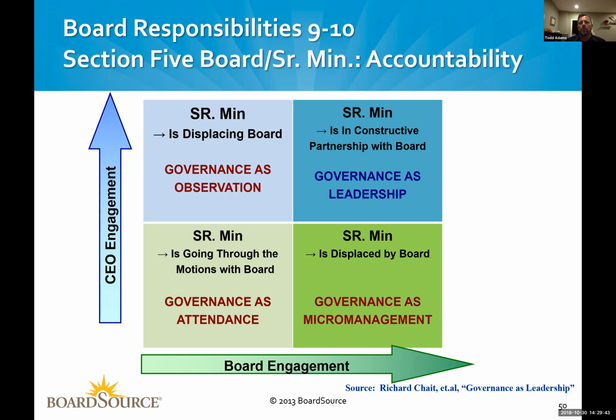So in that constructive partnership, upper right-hand corner, where we're leading together, we're really talking about clear lines of accountability, clear written documents, measurable metrics that are reported on, a board that has enough information to make good decisions, and the capacity then to follow up at the next board meeting and hold you accountable for what they asked you to do at the last board meeting.